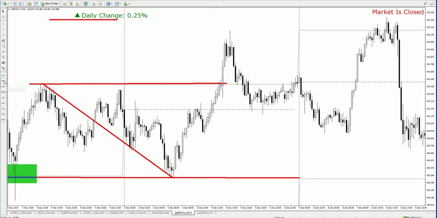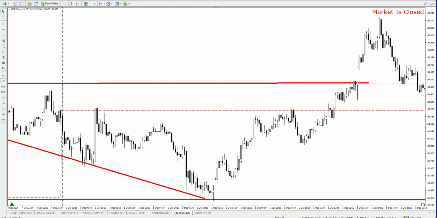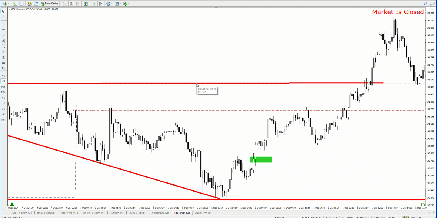Now you can go to a smaller time frame, 5 minute or 1 minute. So this one I took here on a 5 minute time frame. Why did I take it on a 5 minute time frame? Because I just shared this with you. No, I wouldn't want this, because it's too big.